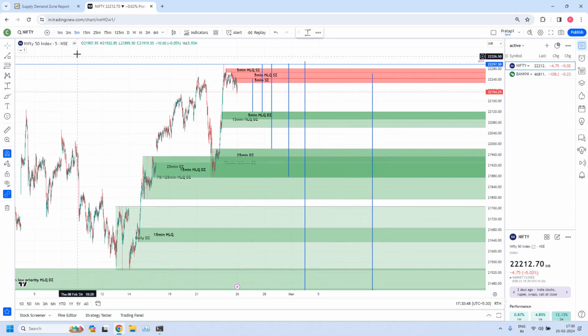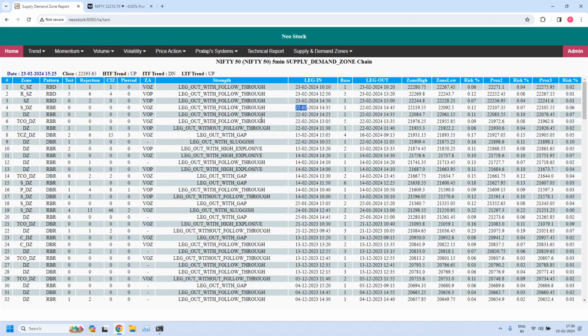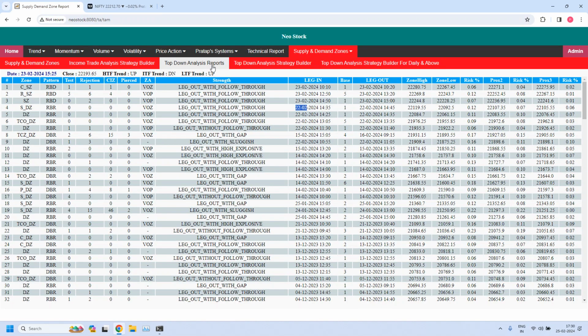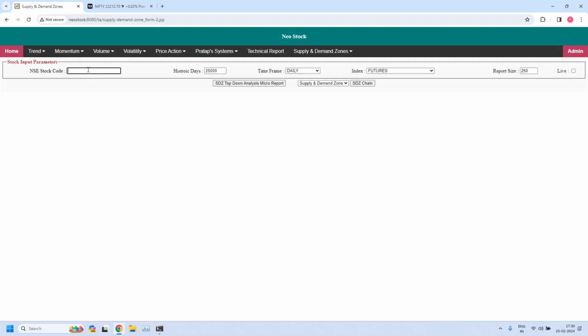So let me generate Bank Nifty. So here I am entering the Bank Nifty. And starting from 6 months, or starting from quarterly, we will start.